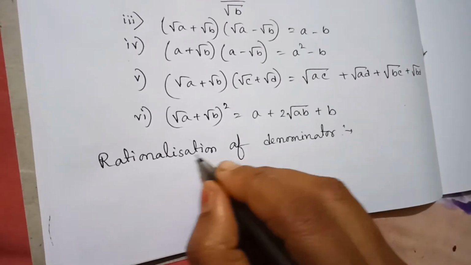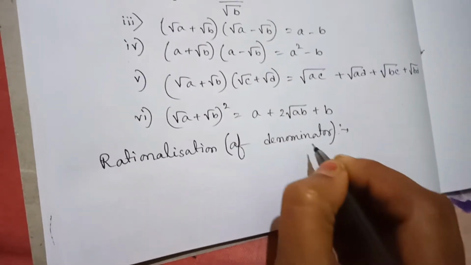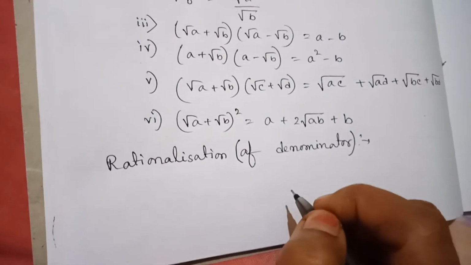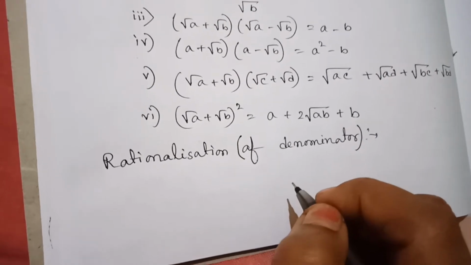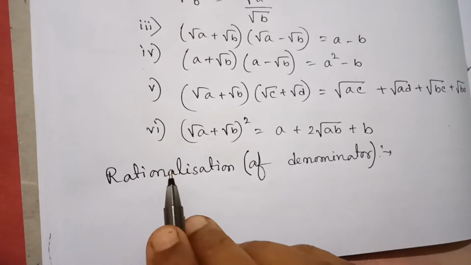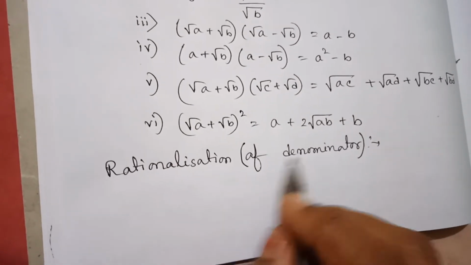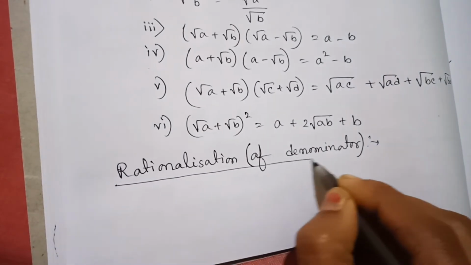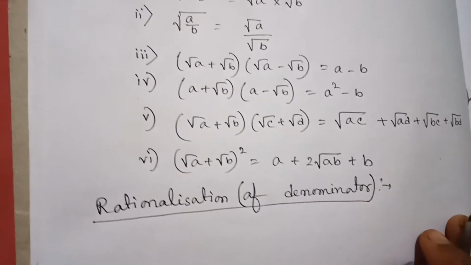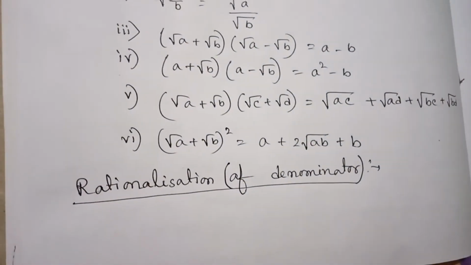Now the phrase 'of denominator' normally will not be used in the question. Rather the question will be 'rationalize something', and it means that we have to rationalize the denominator, right? So we will be doing these things by taking some numbers.